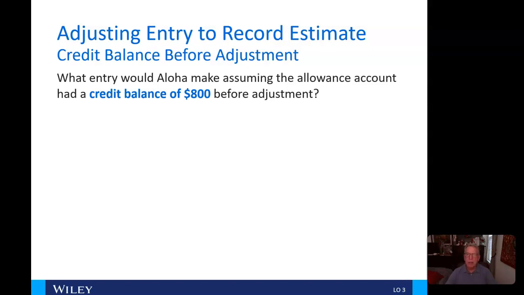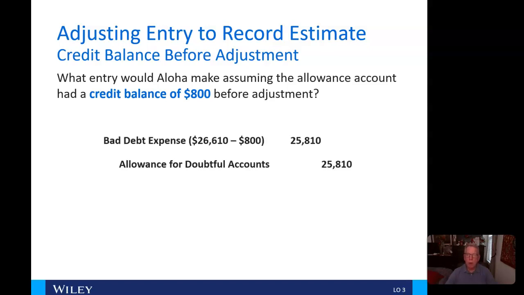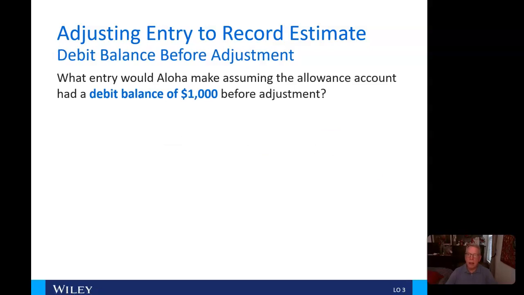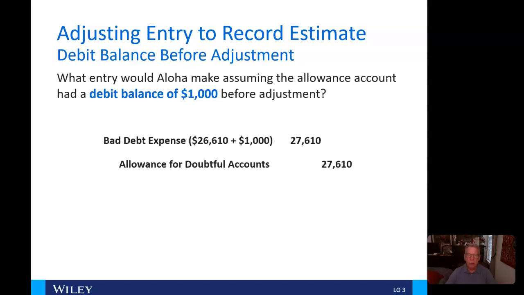In this case, when we have a credit balance, that means we haven't used up some of that allowance. So we can reduce the 26,610 by that $800, which we've done with this journal entry here. You can see the arithmetic, pretty easy to understand. Conversely, if we had a debit balance of 1,000, that means we drew down our allowance for doubtful accounts by $1,000. So we have to add that $1,000 on top of the 26,610 to get to 27,610.